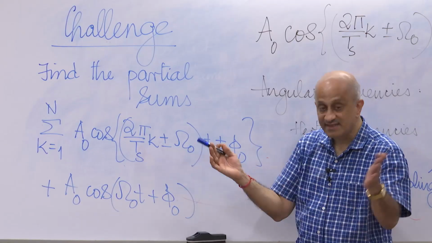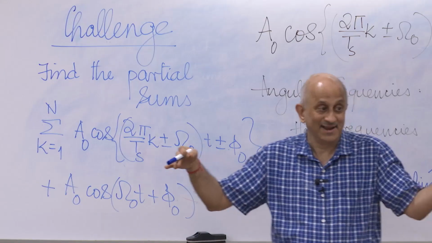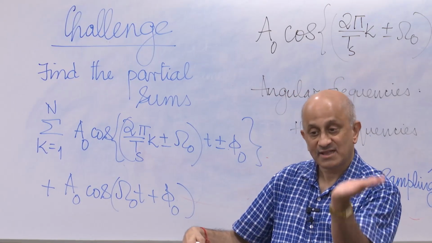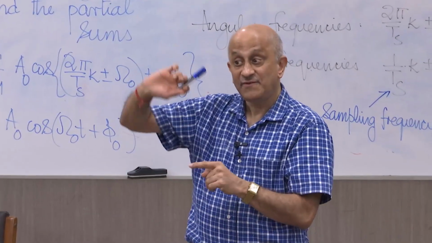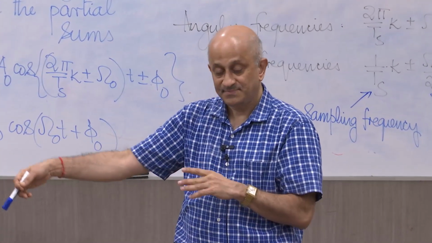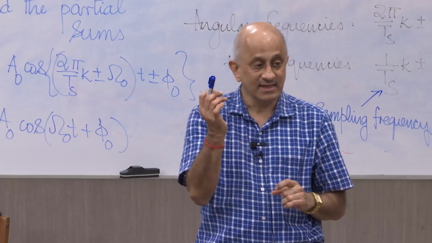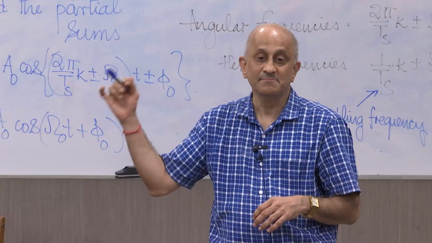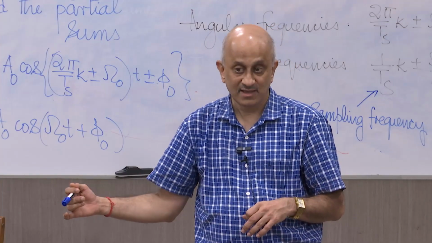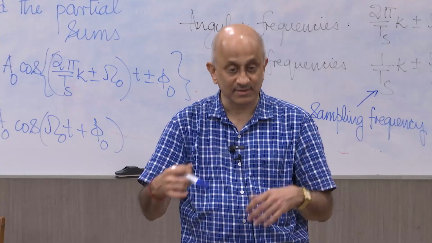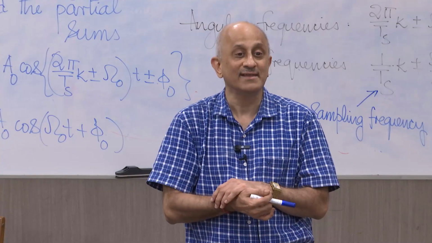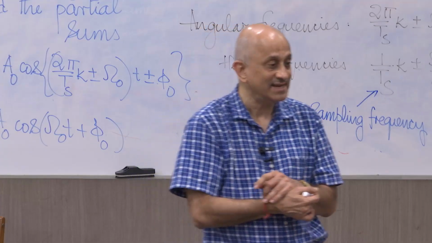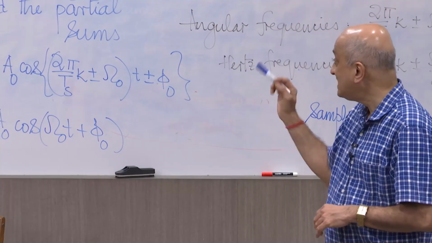So, in the summation inside there are two terms, right? The frequency k times Fs plus F naught, with the phase of plus phi naught, and the frequency k times Fs minus F naught, but with the phase minus phi naught. So, the challenge problem for you, or the exercise which you should do in one of the sessions with the help of my teaching associates, is to find the partial sums.